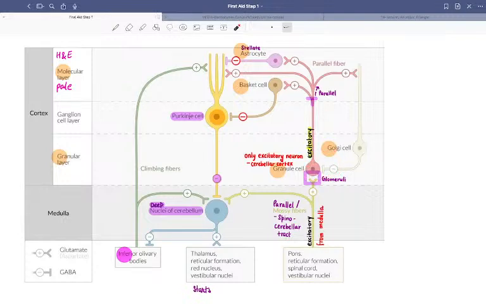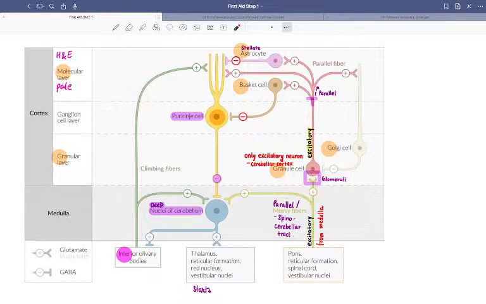Actually, everything looks inhibitory except these parallel fibers and a little bit of this. So mossy fibers is very positive. It goes and stimulates the deep cerebellar nuclei, and then it goes and stimulates the granule cells.